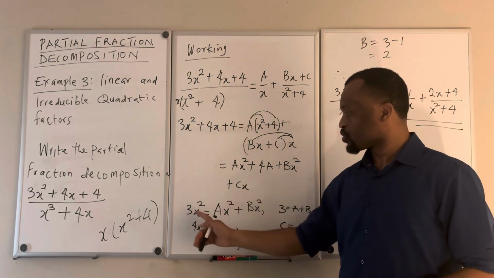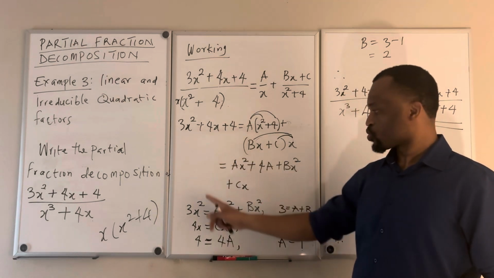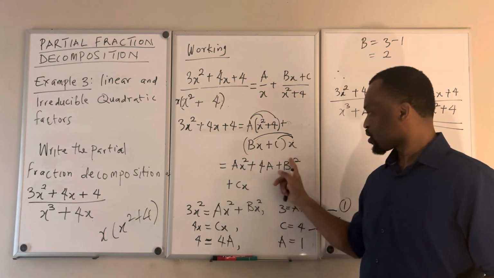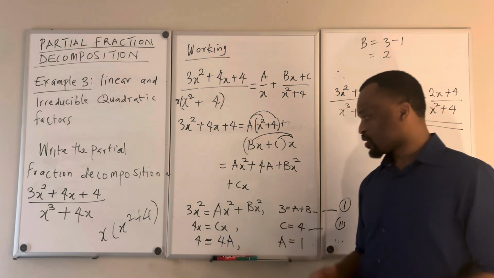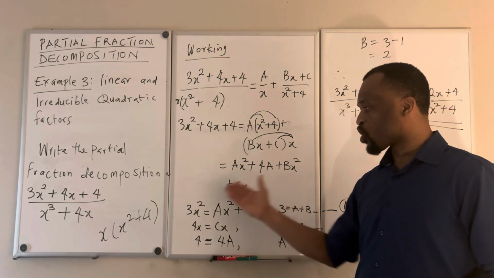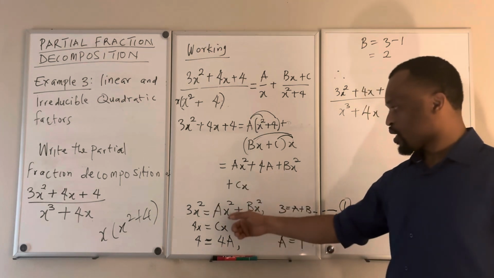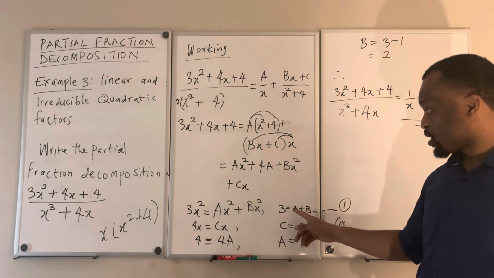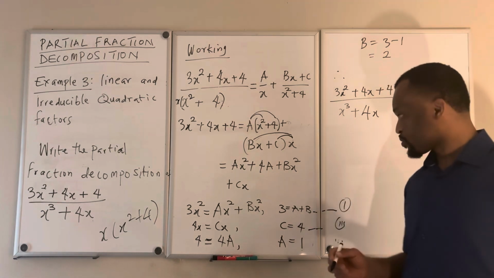We have 3x raised to power 2, and we equate it with all the terms that have x raised to power 2, which are ax raised to power 2 and bx raised to power 2. x raised to power 2 is common to both sides, so we cancel that out, and this equation becomes 3 equals a plus b. For reference, we can call this equation 1.